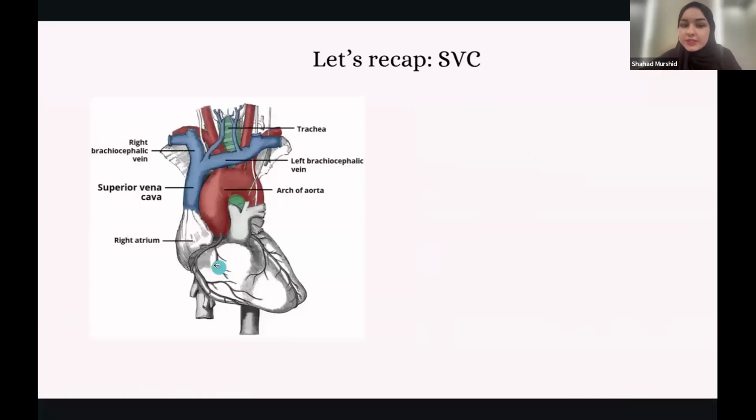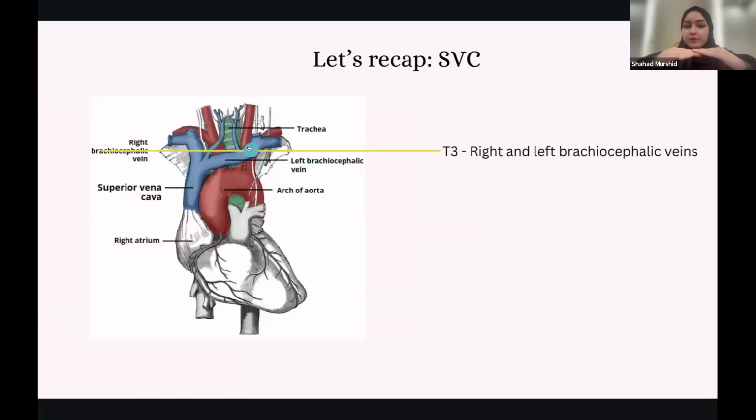Now for the SVC, again, we know that it has two tributaries, the right and left brachiocephalic veins, which join together to form the SVC. So these are them coming here. If we take a cross section at T3, above the part where the SVC forms, we're going to see these two veins, and we're not going to see the SVC yet because they still haven't joined.